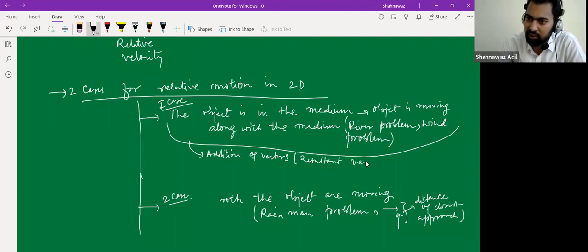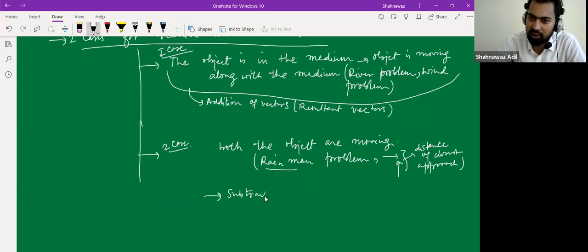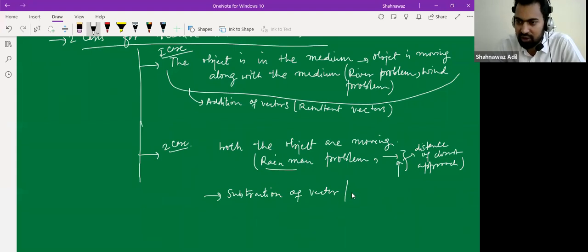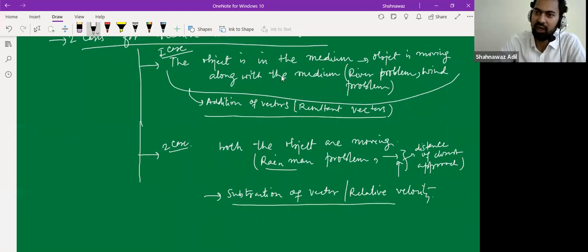And for the rain man problem or the distance of closest approach, you apply the subtraction of vectors that we have studied in the vector classes, or the relative velocity. This is the main theme when you solve the river problem or the wind problem, or the rain man problem or the distance of closest approach.